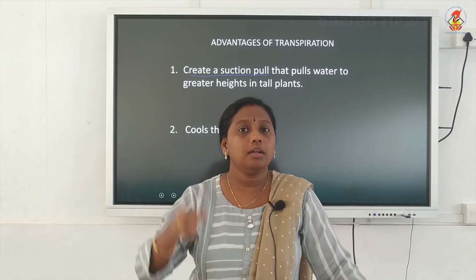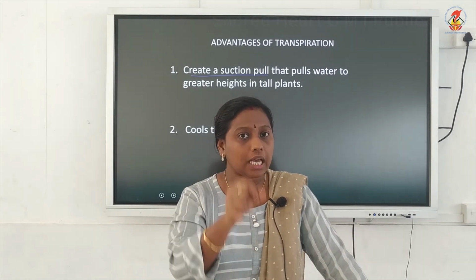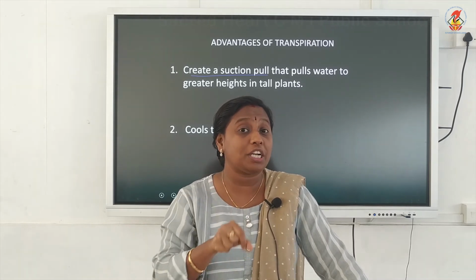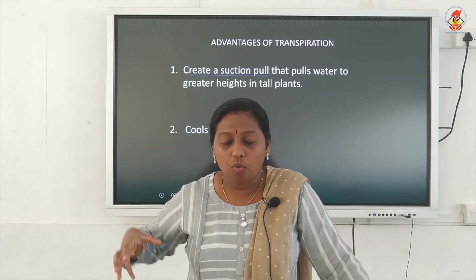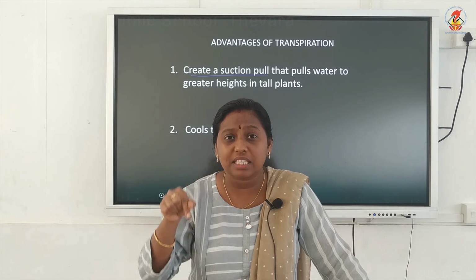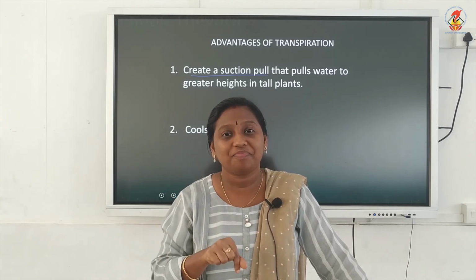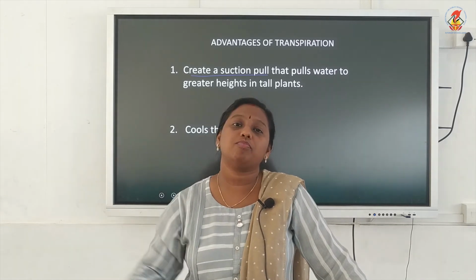So, there will be a deficiency of water in the xylem of stem. So, the xylem of stem will be absorbing the water from the xylem of the root. Now, there is deficiency of water in the root. As a result, the root will absorb water from the soil.